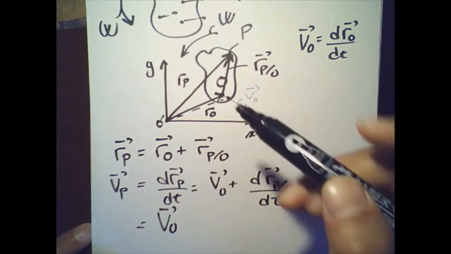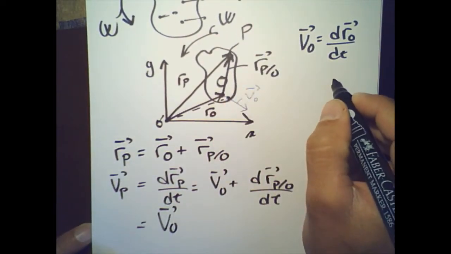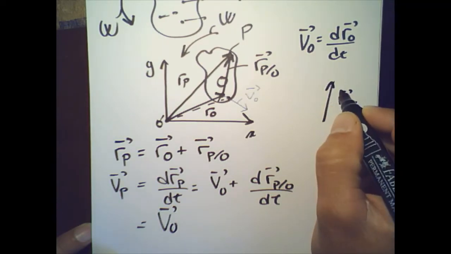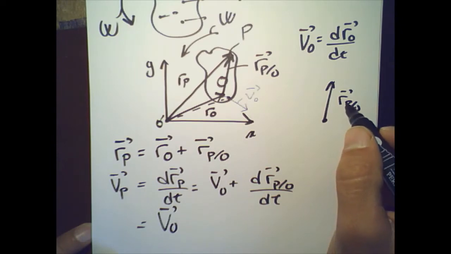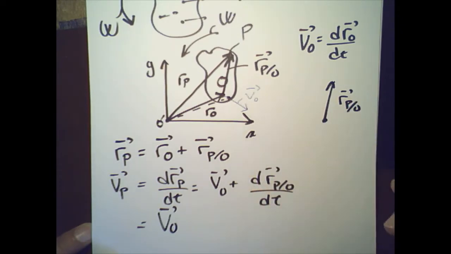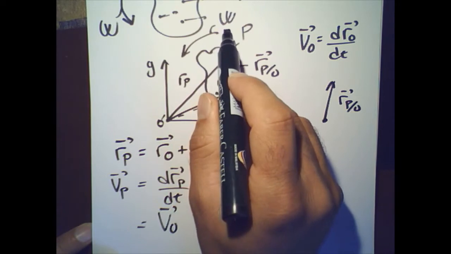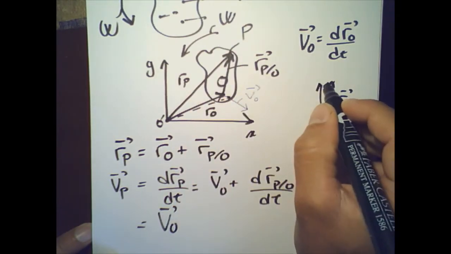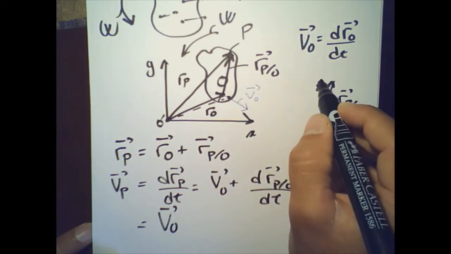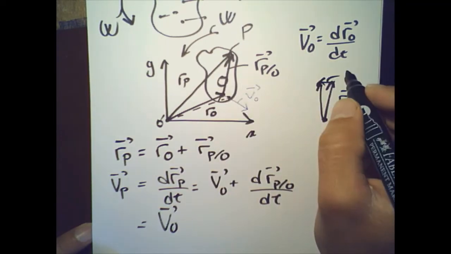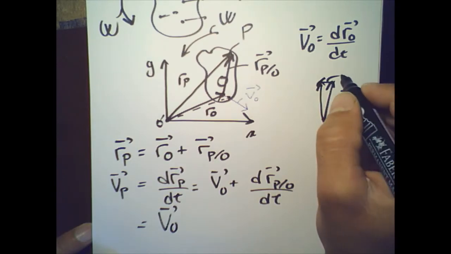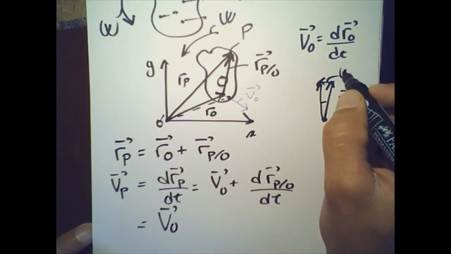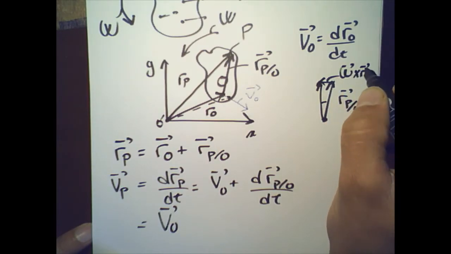You can quickly imagine that this vector, I'm going to actually draw it over here, this is your RPO, and if I want to see the time change of this vector, like where is that vector after an instant t plus dt, that vector is being rotated by omega, so as a result of this rotation, this vector is going to be rotated like that, right? And this component right there is actually equal to d theta. As a function of that, ultimately this is going to be equal to omega cross RPO.